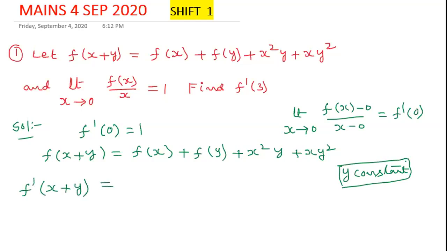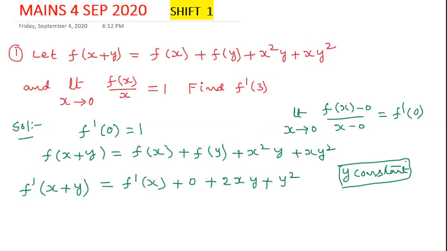That is equal to f'(x). Next term, the derivative of f(y) is 0 because y is constant here. Now, x²y is there. The derivative of x² is 2x into y. Next, the x derivative is 1, that is y².